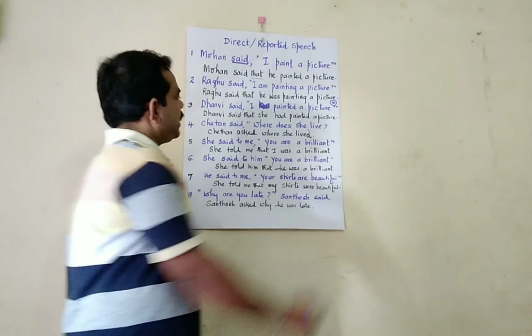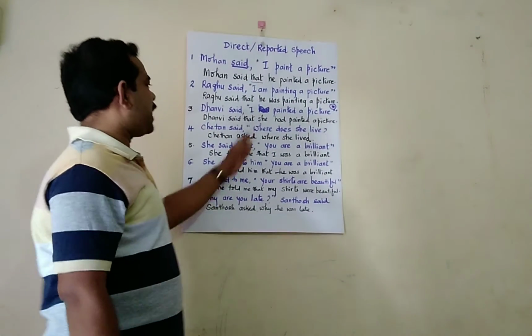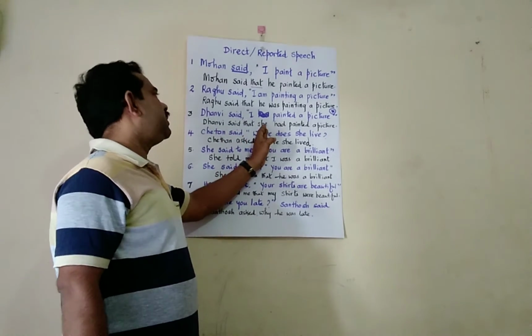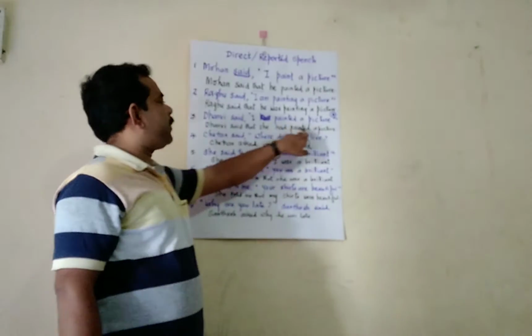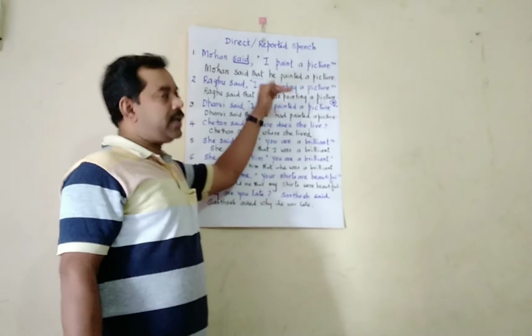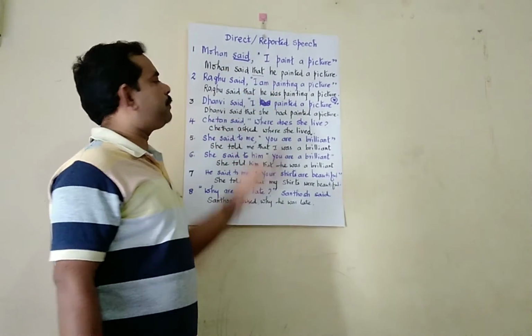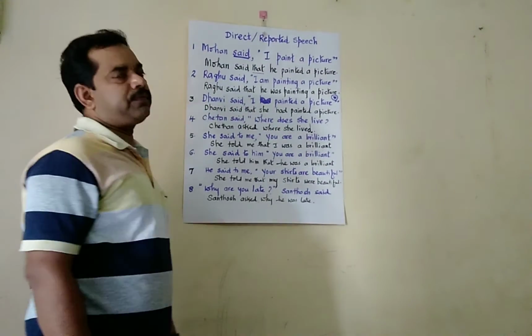Now I am keeping a star mark here. Even if written in past tense, Danvi said that she painted a picture is also right. Danvi said that she had painted a picture is also right. For past tense, it can be written in the same tense or it can be changed into past perfect. So this is the example of 3.